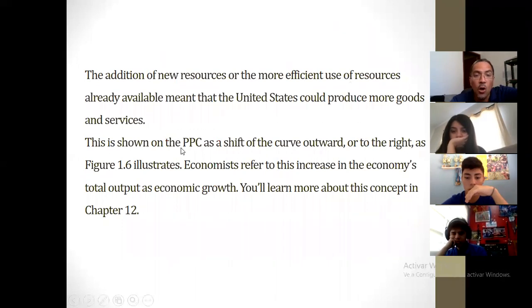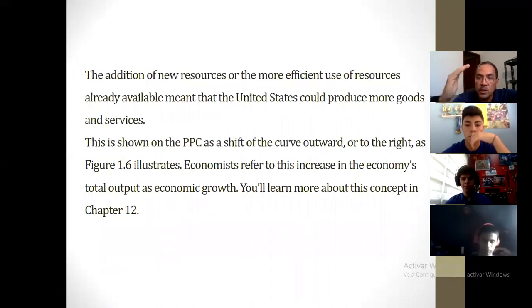This is shown on the PPC as a shift of the curve upward, outward, to the right, not to the left, to the right, as in figure 1.3. Economics refers to this increase in the economy's total output as economic growth. If it moves from here to here, there's an economic growth. You'll learn more in next chapters, okay?